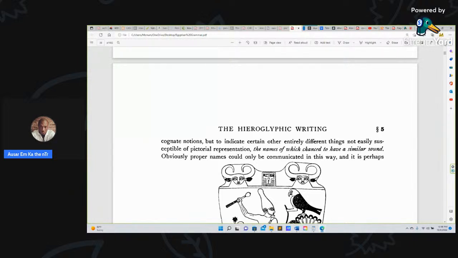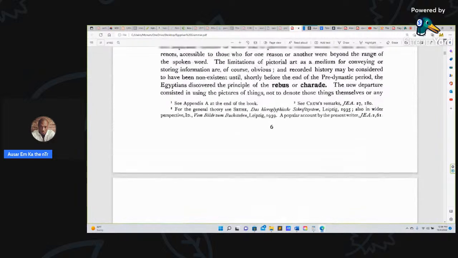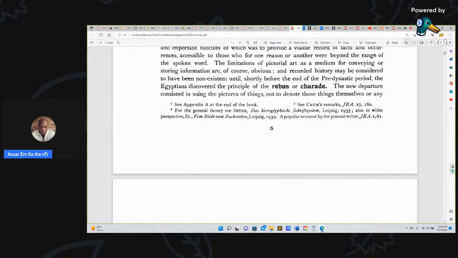Let's go back up to those footnotes. And see, we do this because a lot of people don't read the hieroglyphics, the metu netjer. Some of us can read them. We're increasing your ability to do so by reading this book today. See Appendix A at the end of the book. That was for the first note.